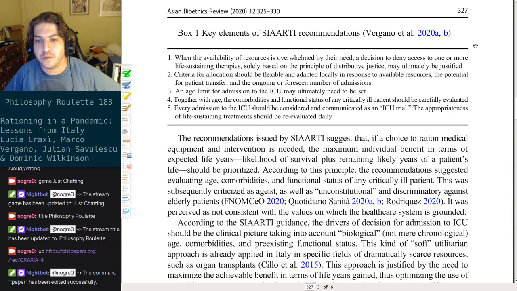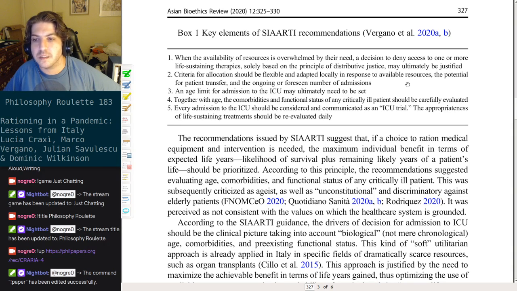An age limit for admission to the ICU may ultimately need to be set. 4. Together with age, the comorbidities and functional status of any critically ill patient should be carefully evaluated. 5. Every admission to the ICU should be considered and communicated as an ICU trial. The appropriateness of life-sustaining treatments should be reevaluated daily.